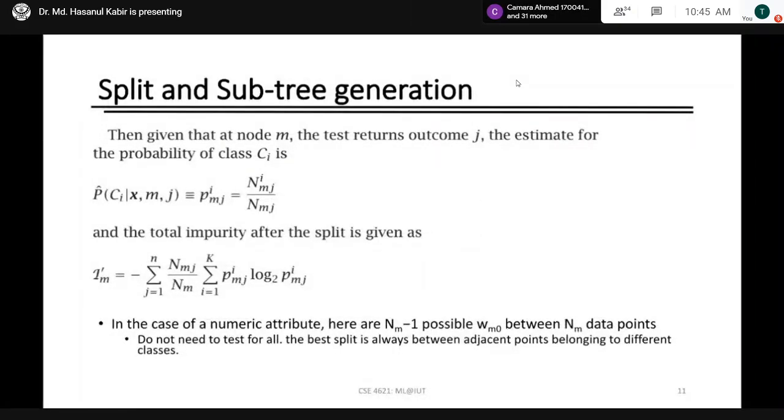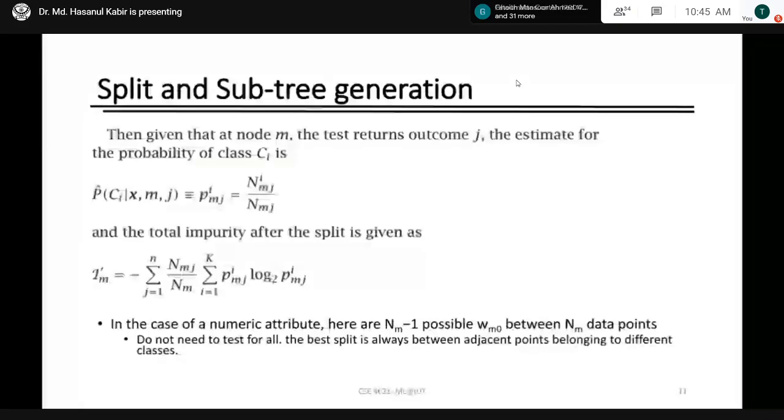That's why you will see this notation in superscript. Superscript means the number of samples that actually belong to the ith class. And if I simply say n, what does n mean? Though they have written nm here, it means at that particular node m, how many samples in total you have.